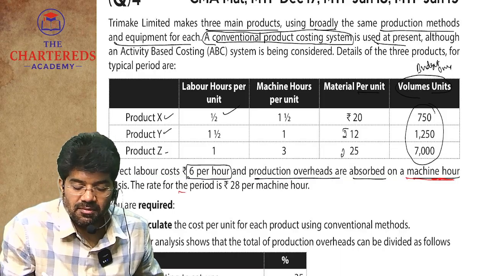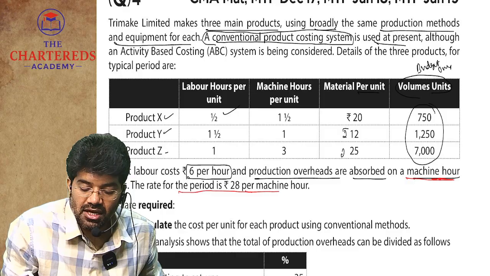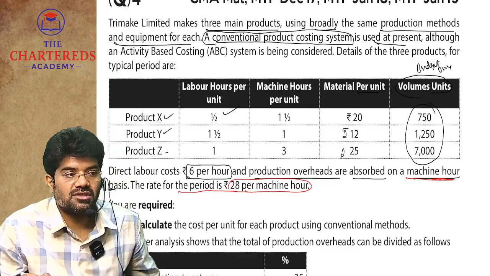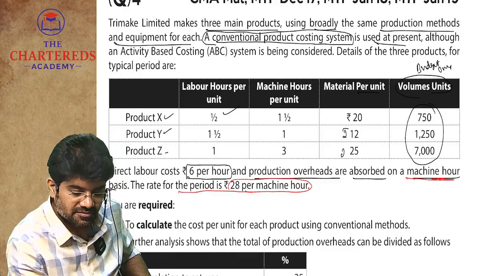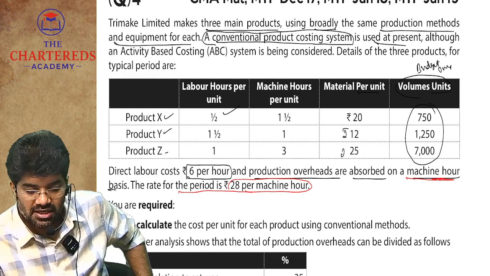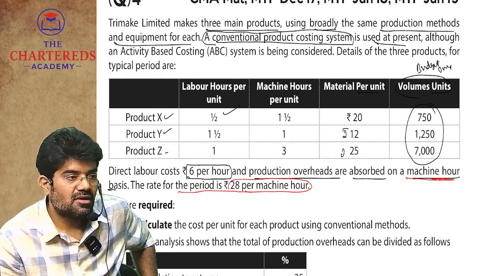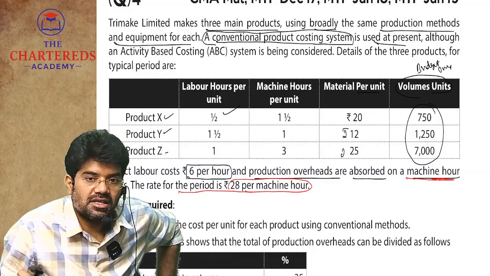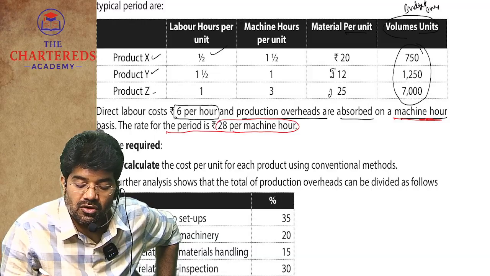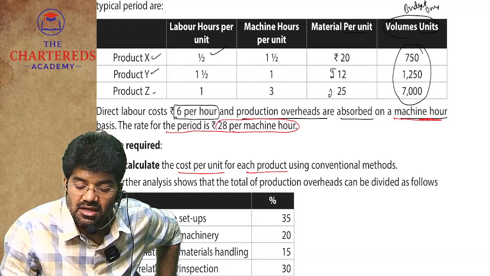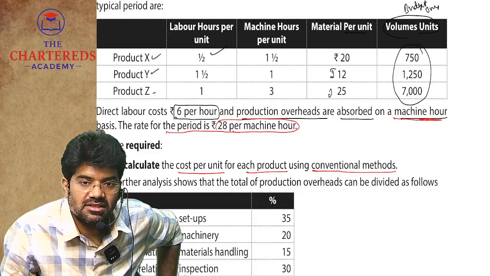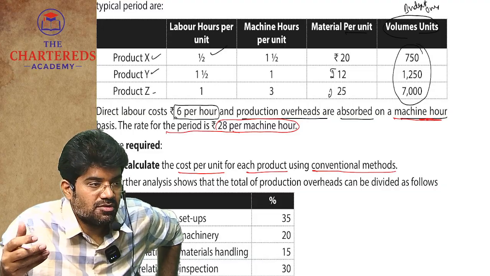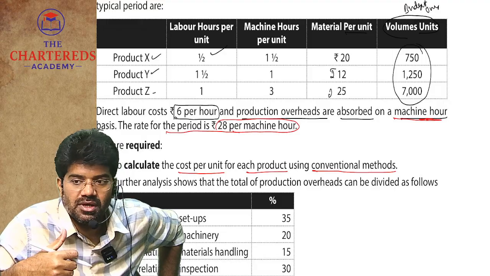And the rate for the period is 28 rupees per machine hour. This is the recovery rate they have given here. You are required to calculate cost per unit for each product using the conventional method, the traditional absorption costing.